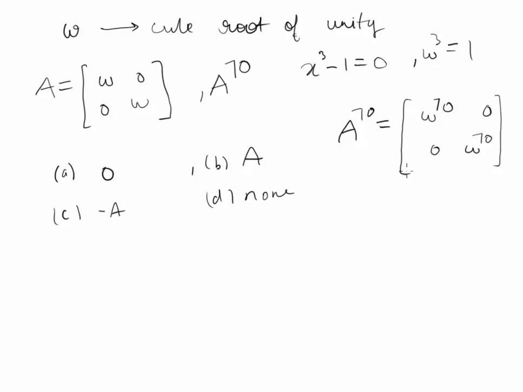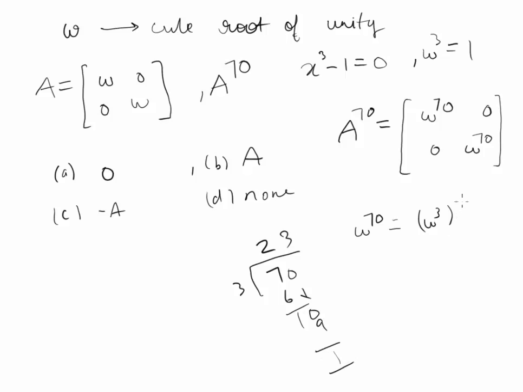So we can somehow write omega raised to the power 70 as some multiple of omega cube, and for that, let's divide 70 by 3. What we'll get is 3 times 23 is 69, and then we have 1. So we can write omega raised to the power 70 as omega cube raised to the power 23 times omega. Both of these are exactly the same.